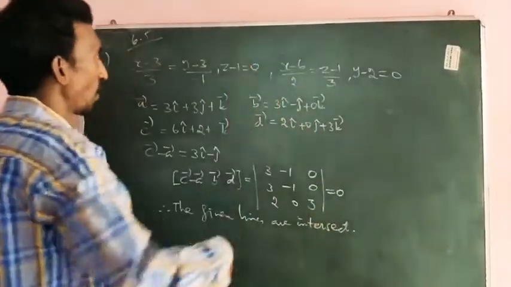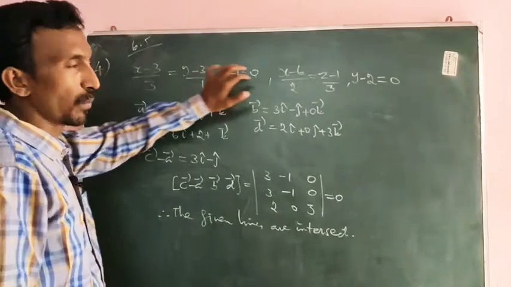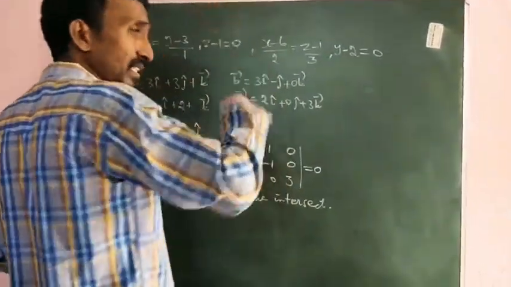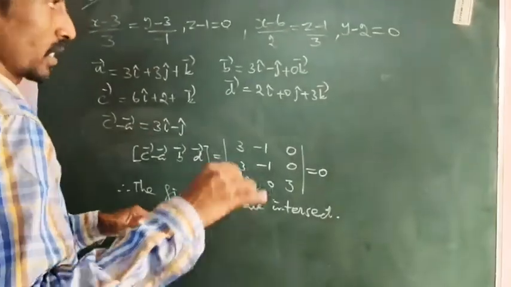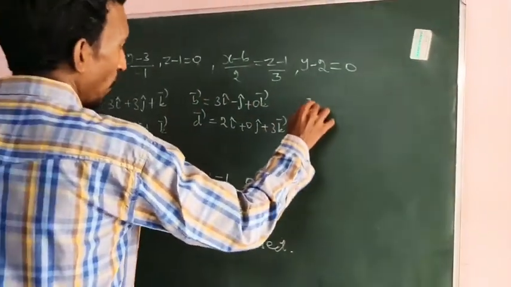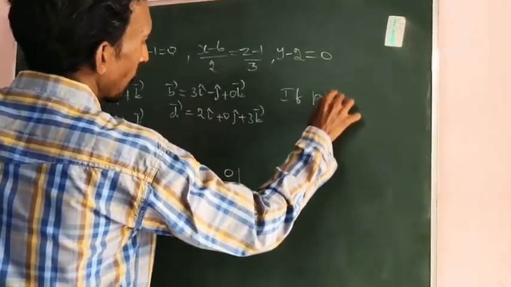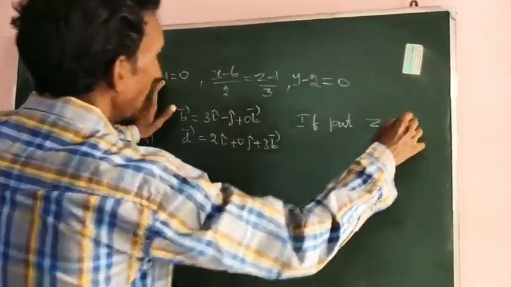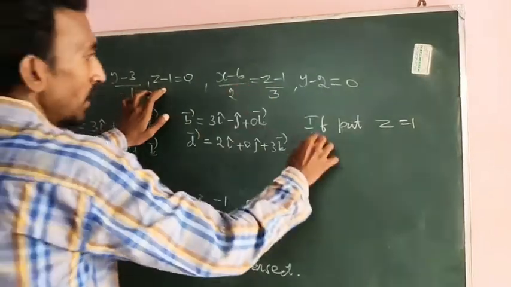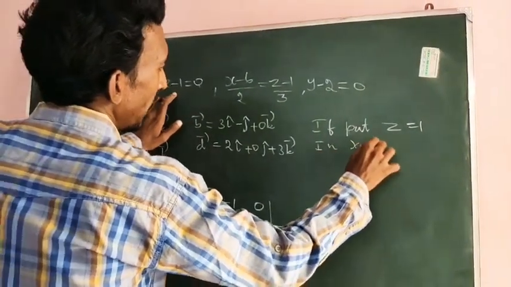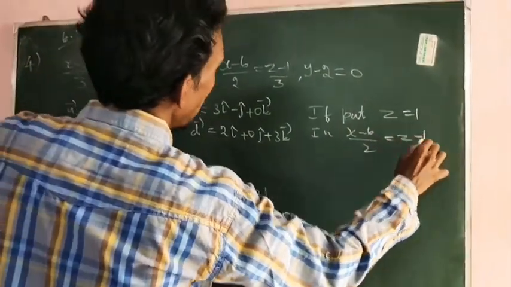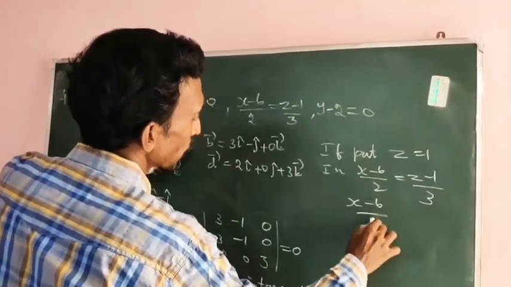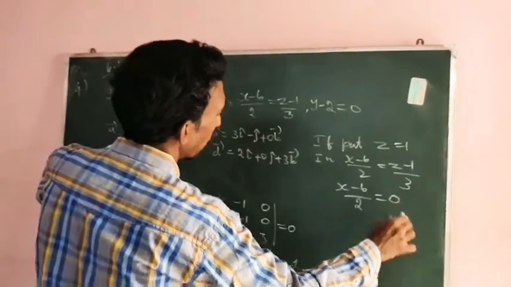Or you can follow the usual method: take any point on each line, equate them and find out the answer. That is the initial method. The second one is the shortcut. If you put z minus 1 equal to 0, z equal to 1, in x minus 6 by 2 equal to z minus 1 by 3, we are getting x minus 6 by 2 equal to 0.